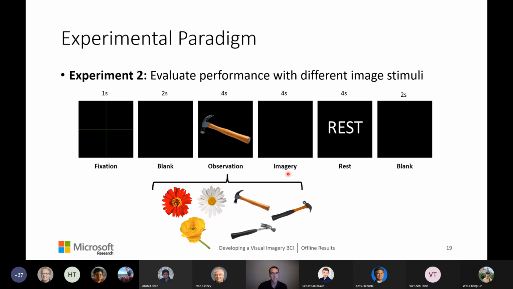One reason for this that I started to notice was that the flower we were using was a pretty large white flower, and the hammer was a smaller, darker hammer. So maybe during our observation periods, we were really classifying a bright stimulus versus a dim stimulus, and that might be why we weren't getting any information during the imagery periods.